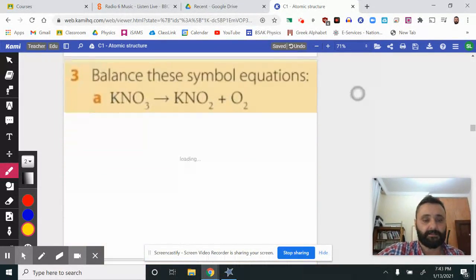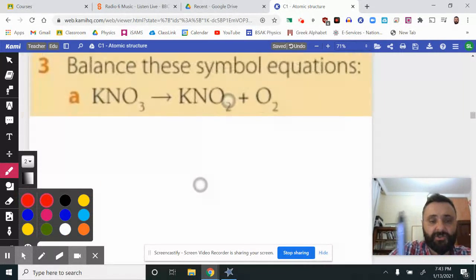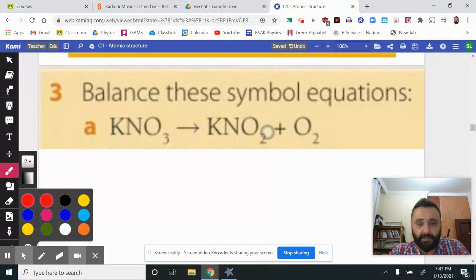Right, what do we got next? Okay, let's have a little look at this one. Balance these symbol equations. Okay, so a lot of the time it's just kind of tweaking and chipping away. Okay, right, what have we got here? We've got KNO3 gives KNO2 plus O2.